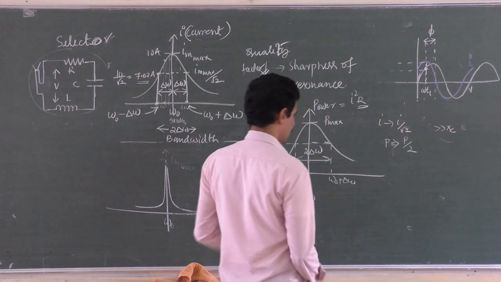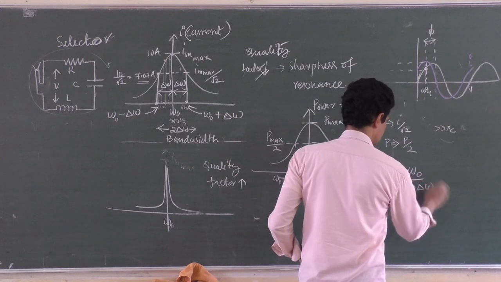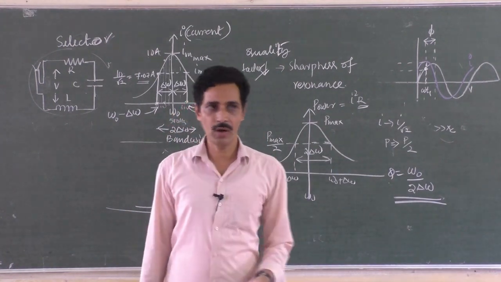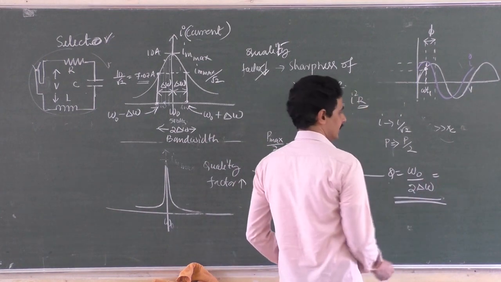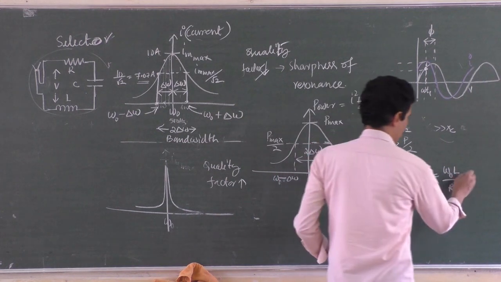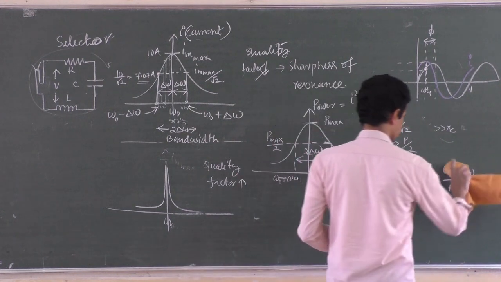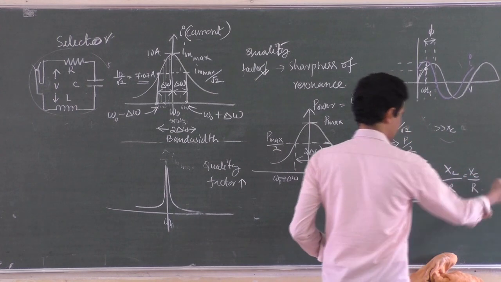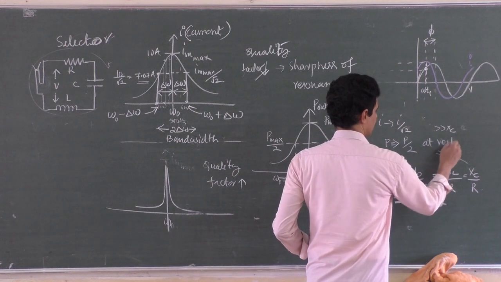And now quality factor is resonance frequency divided by bandwidth. This is called quality factor. So if you are asked to write what is quality factor, it is a ratio of resonance frequency to the bandwidth, and it can also be written as the inductive reactance at resonance by R, or capacitive reactance by resistance R. Remember, both values are at resonance, otherwise they won't be equal.